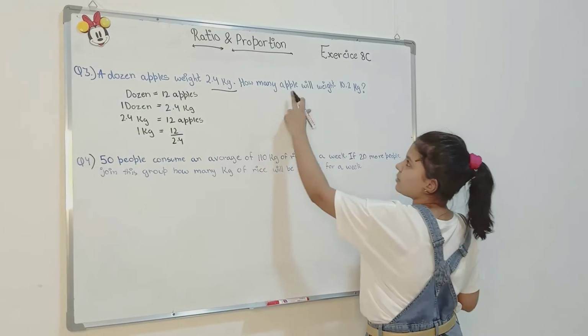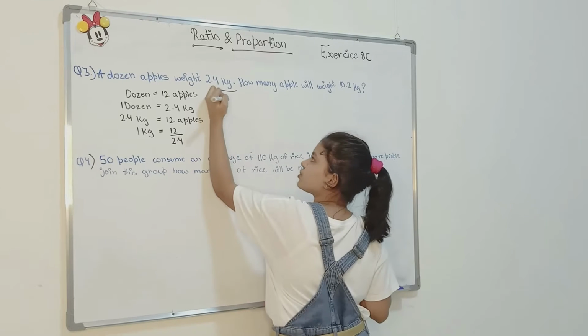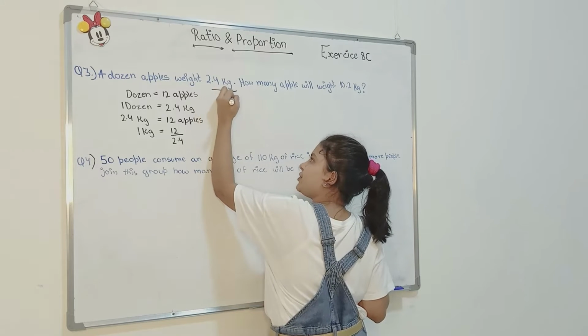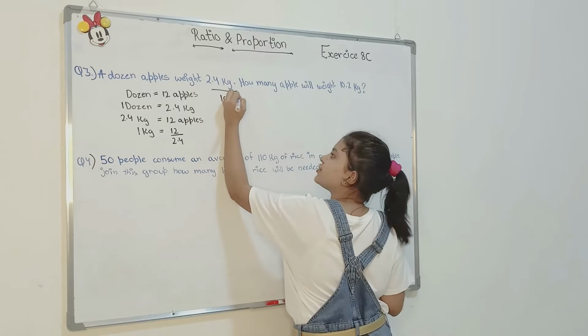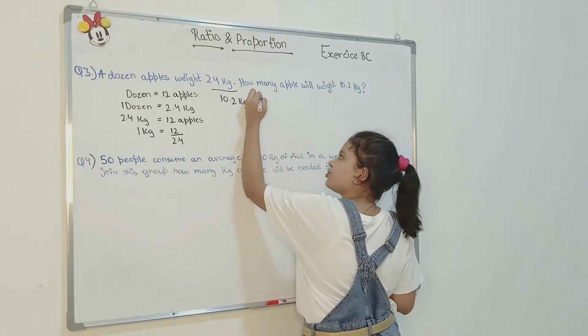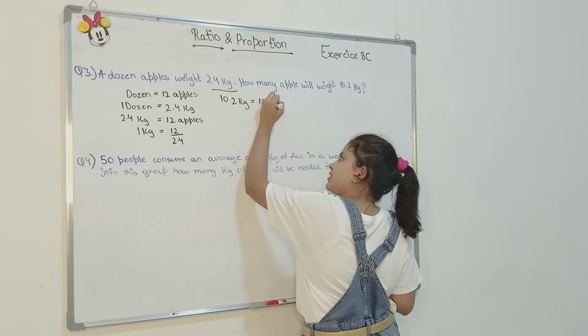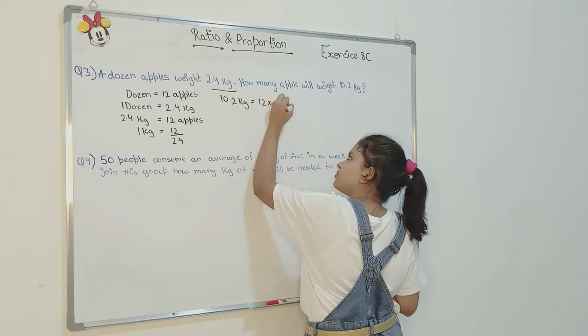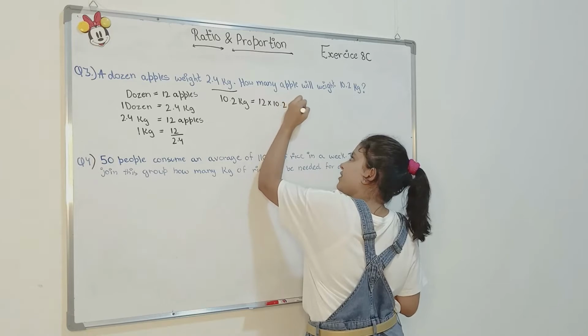Now we'll find how many apples will weigh 10.2. So we'll write 10.2 kg is equal to 12 into 10.2, then we'll multiply it with 10.